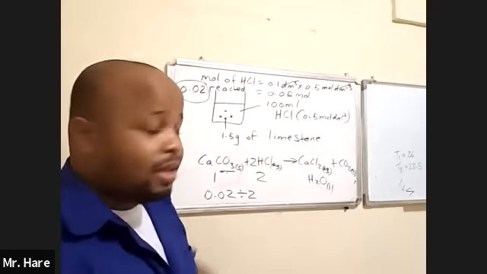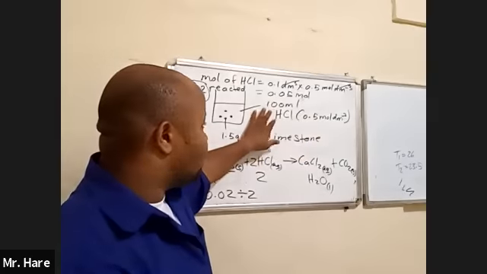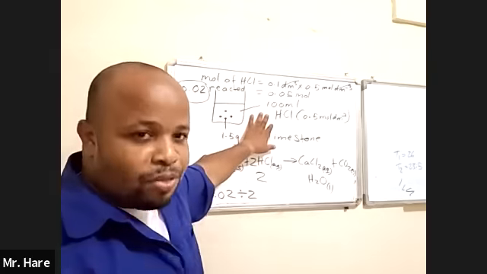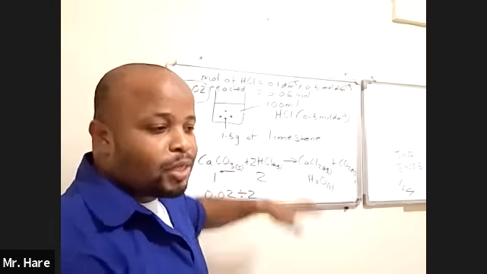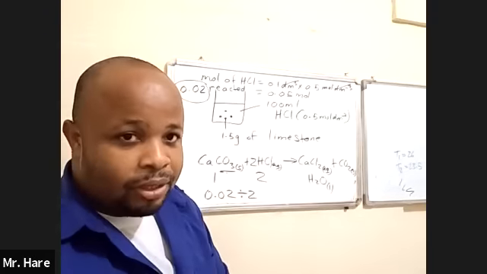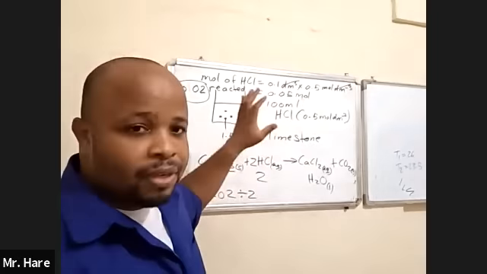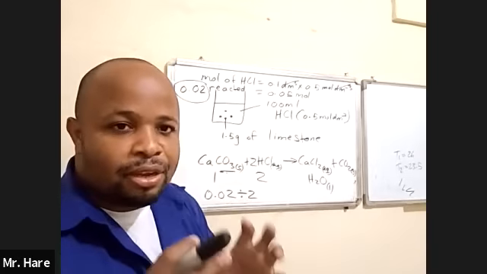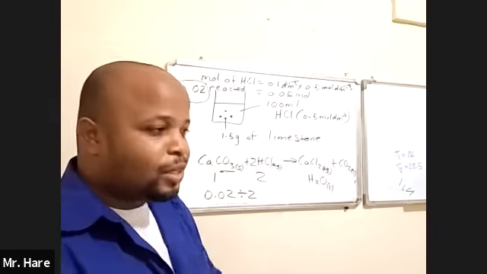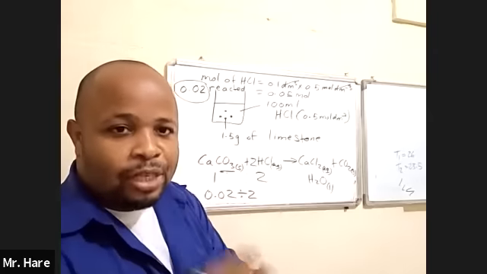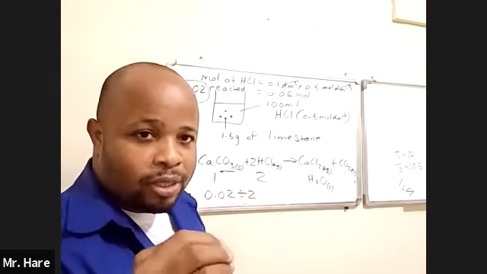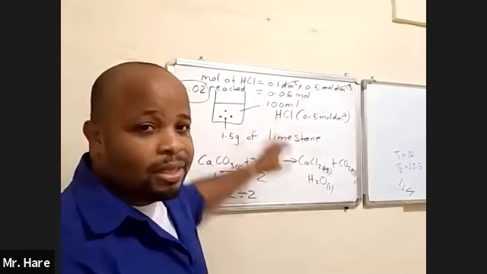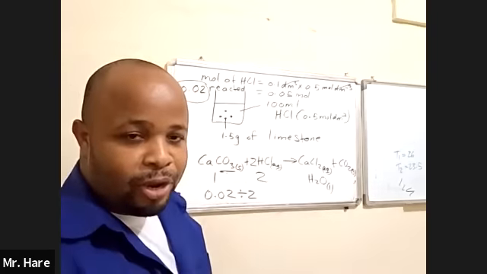So what we would have done is after this reaction is completed, we know that not all of the HCl is going to react. So we do a titration with whatever moles of HCl that did not react. And so, based on the balanced equation in the titration, we're going to find out the number of moles of HCl that did not react.